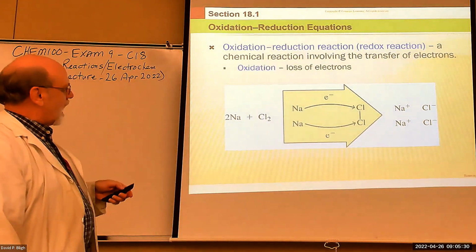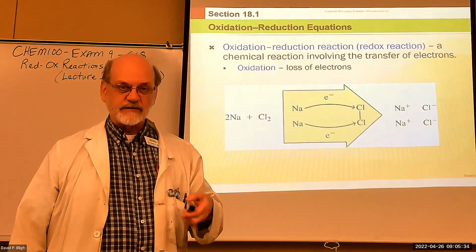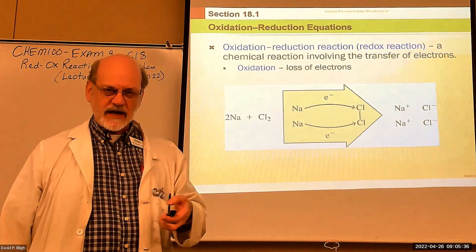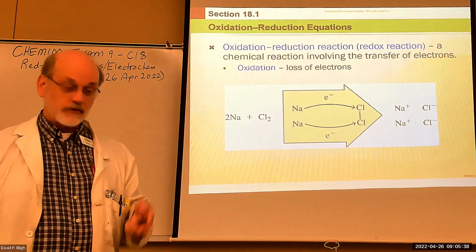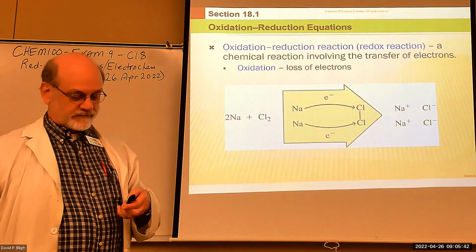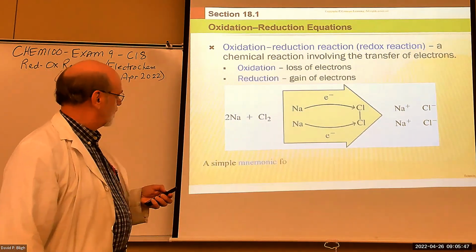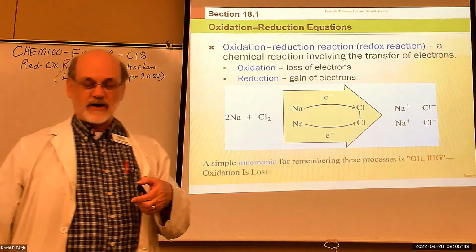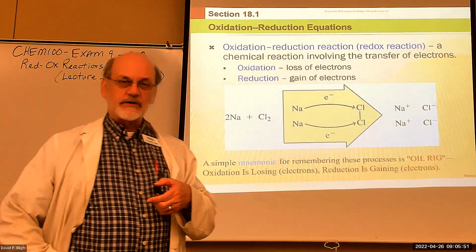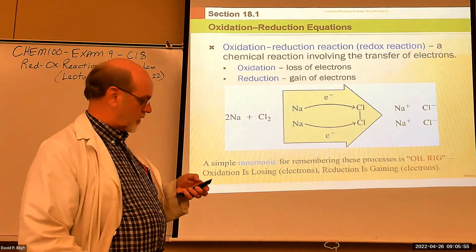Okay. Oxidation is, by definition, a loss of electrons. When something is oxidized, it is losing electrons. So in this case, sodium is oxidized. Reduction is a gain of electrons. So anything that's reduced, in this case chlorine, has been reduced by gaining electrons.